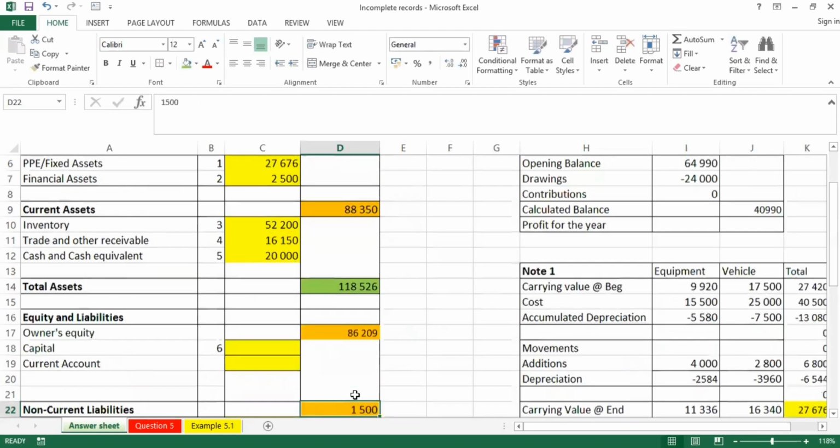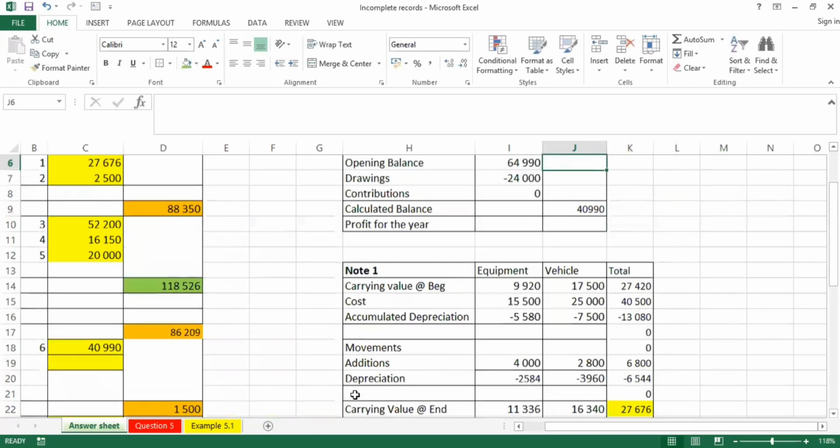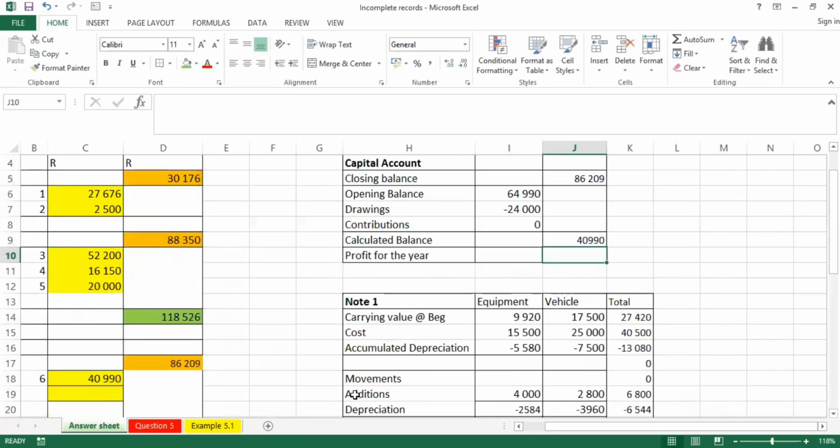And then we're looking for our capital amount and our current account amount. Our capital, you can already see, is 40,990. And then our current account is supposed to be the amount for profit, which is the amount that's supposed to pop up right here. So how do we get our profit for the year?